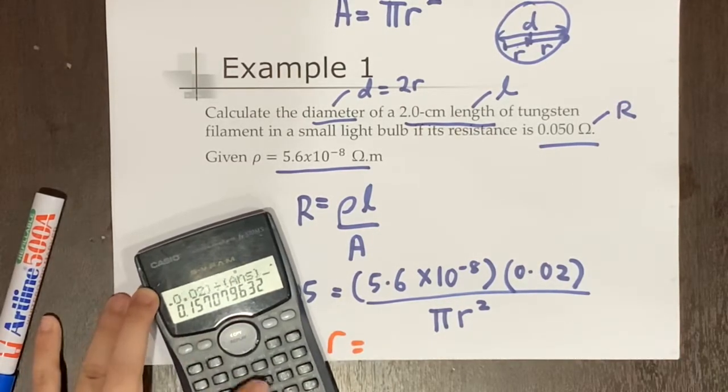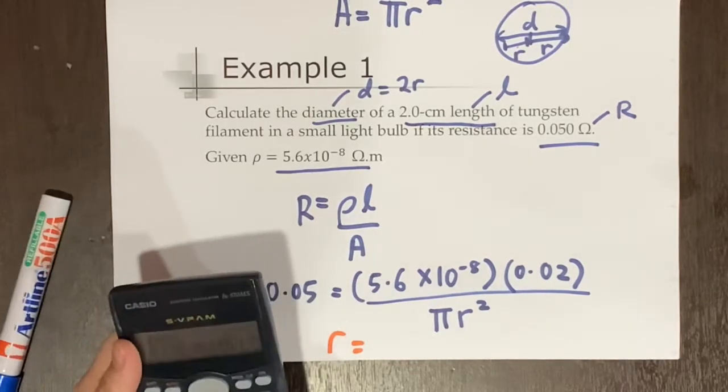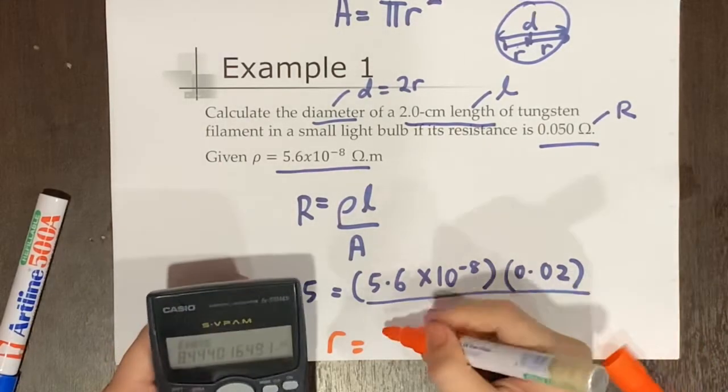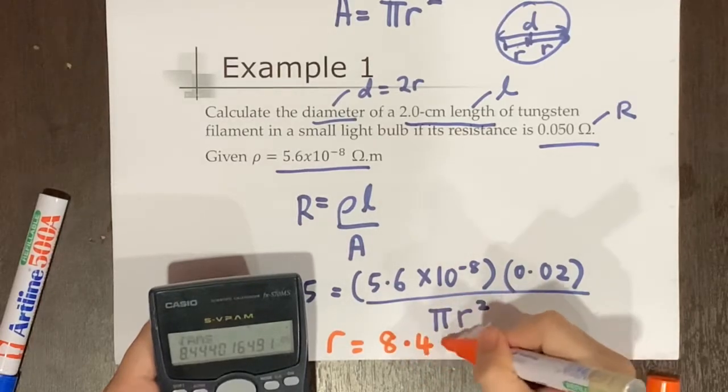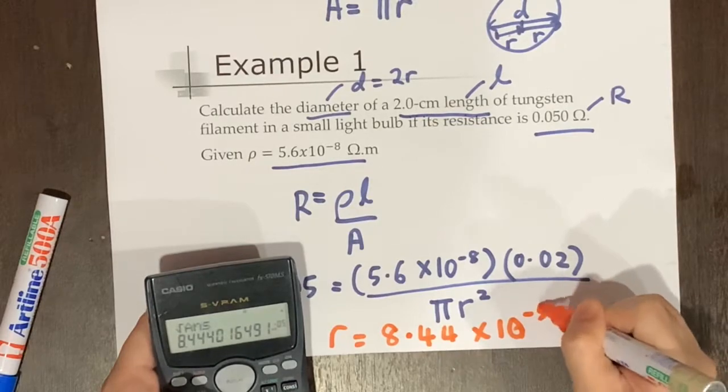Press divide, then answer, square root. The answer is 8.44 times 10 to the power of negative 5.